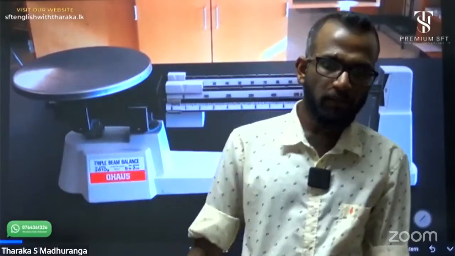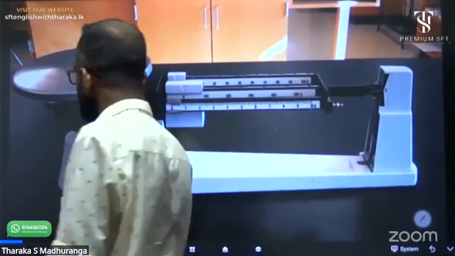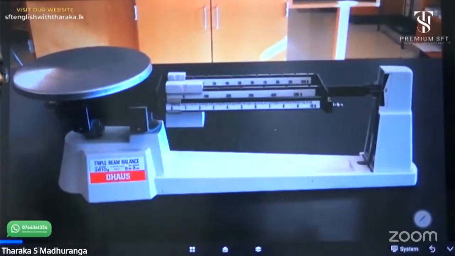Please focus on the steps, and get practical knowledge, not theoretical knowledge. In the exam, they don't ask what the first step or second step is. If you have the practical idea, that's enough. Just get the concept.